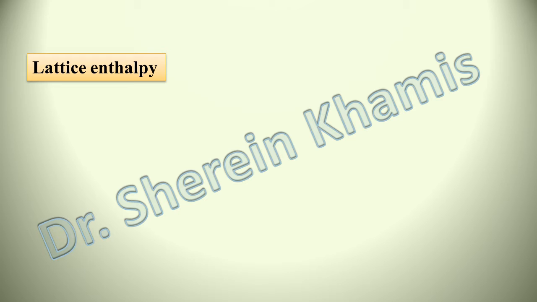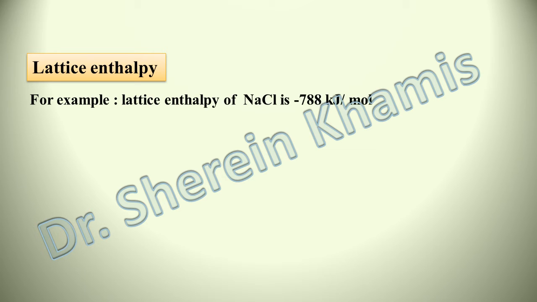So the lattice energy, or lattice enthalpy, for making the ionic bond, giving the example of sodium chloride, NaCl, is high, as it takes high energy to form the ionic bond.